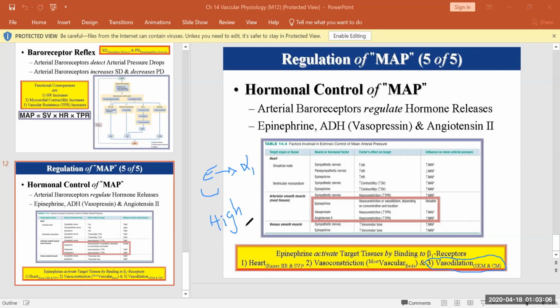So in order for epinephrine to have an effect on these alpha 1 receptors, you have to have high concentration of epinephrine. If you have low concentration of epinephrine, they don't respond. And this is important because the alpha 1 adrenergic receptors are also on the smooth muscle.